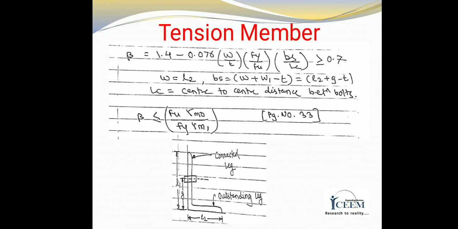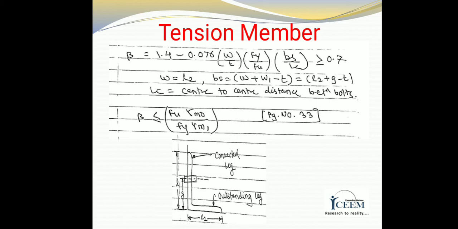The beta is calculated as 1.4 minus 0.076 into W by T into Fy by Fu into Bs by Lc.